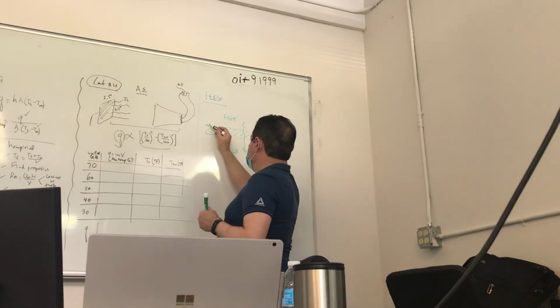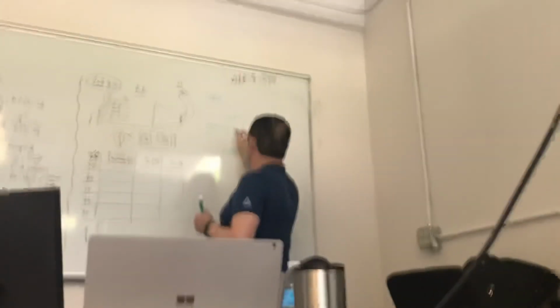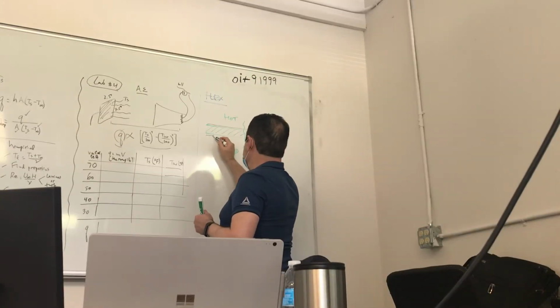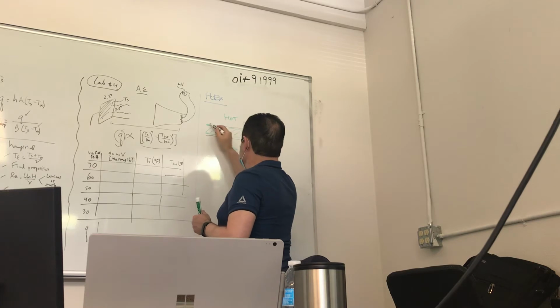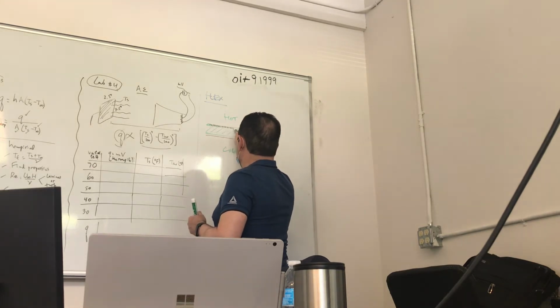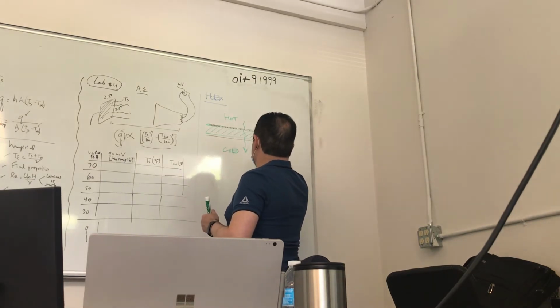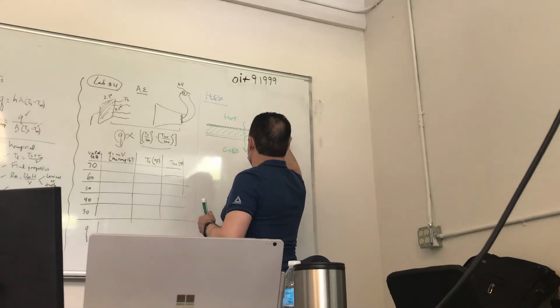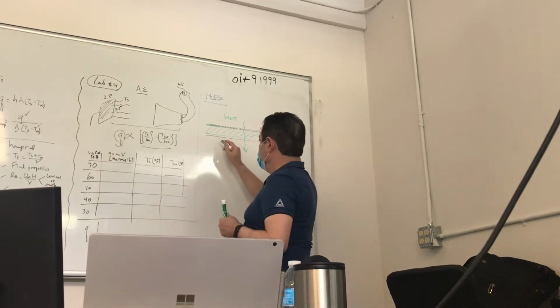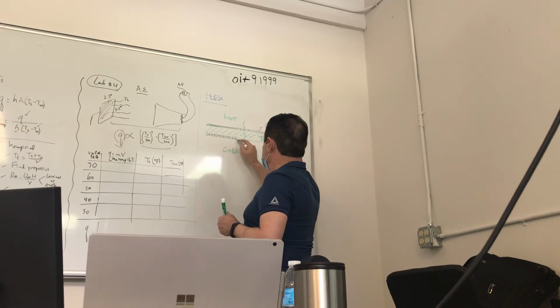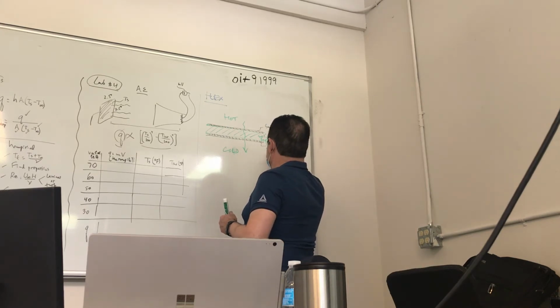Why? Because if you guys remember from MEC 323, we always said that you typically have some fouling on this side. You're going to have some fouling on that side, right?